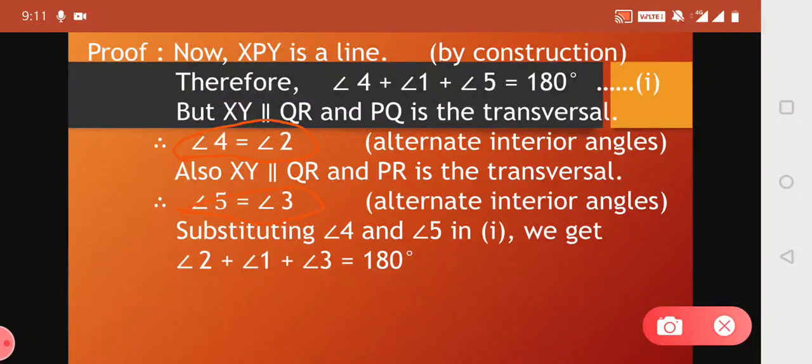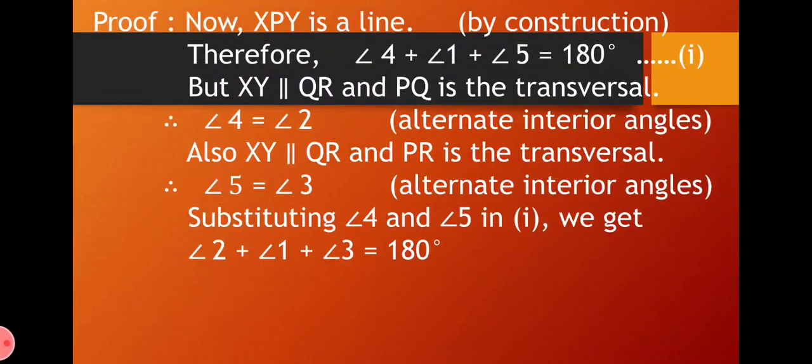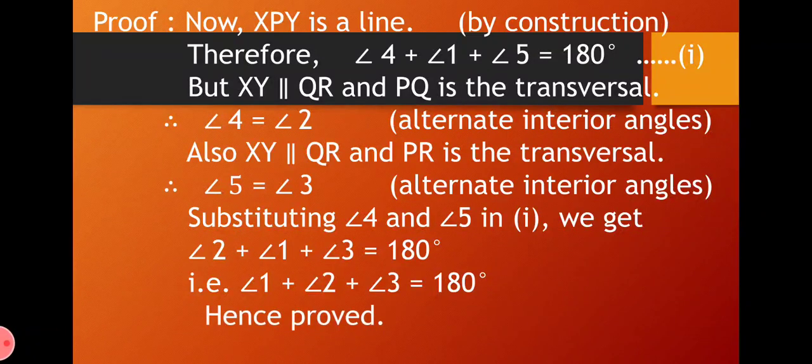So in place of angle 4 we have put angle 2, and in place of angle 5 we have put angle 3. Rearranging the angles, we get angle 1 plus angle 2 plus angle 3 equal to 180 degrees. Hence proved. A very important property which is used very widely.